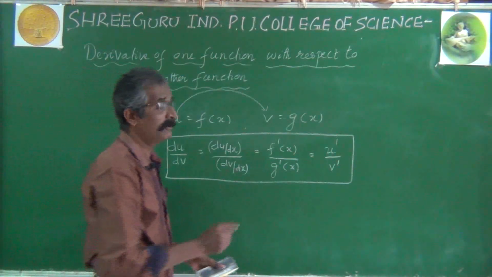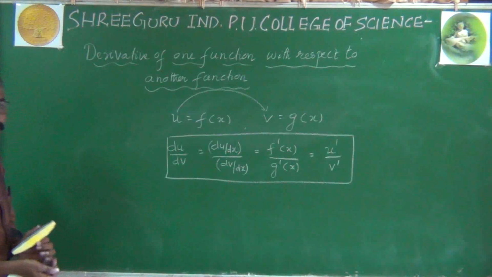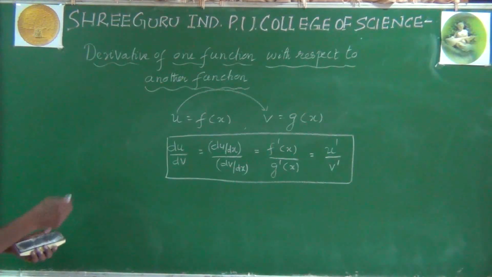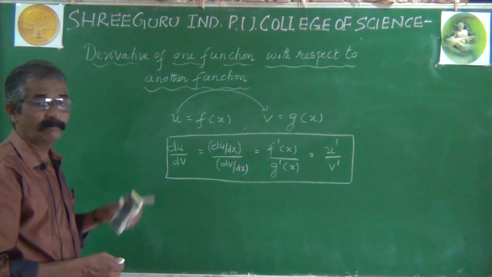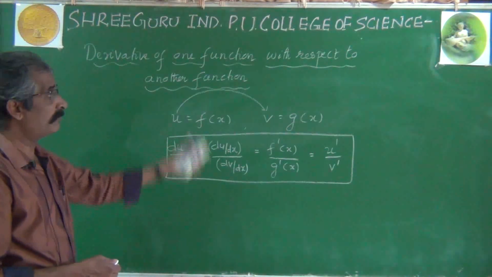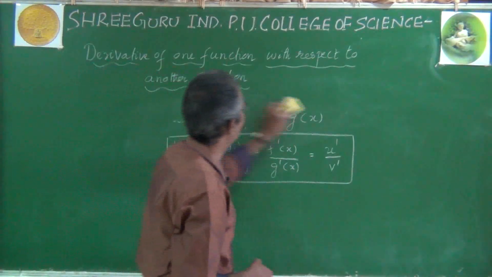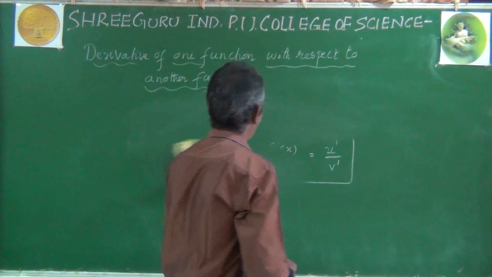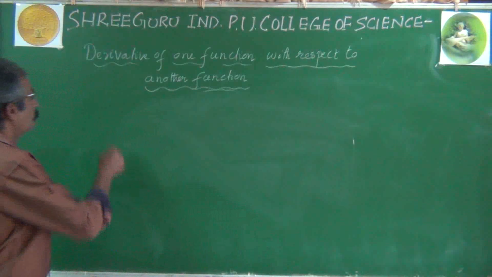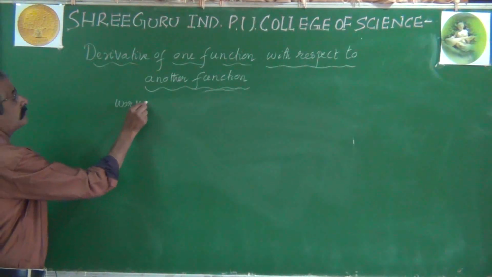If you want, you can have a working method for the problems. Heading you can write as: working method for the problems concerned to derivative of one function with respect to another function. So, working method for the problems on this concept.